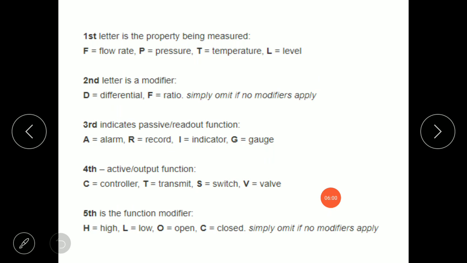These are a few samples along with the chart of letters and what they represent for most common instrumentation components. These instruments are identified by up to 5 letters. The first letter is the property being measured. The second letter is a modifier. The third letter indicates passive or readout function. The fourth letter is the active or output function. And the fifth is the function modifier.